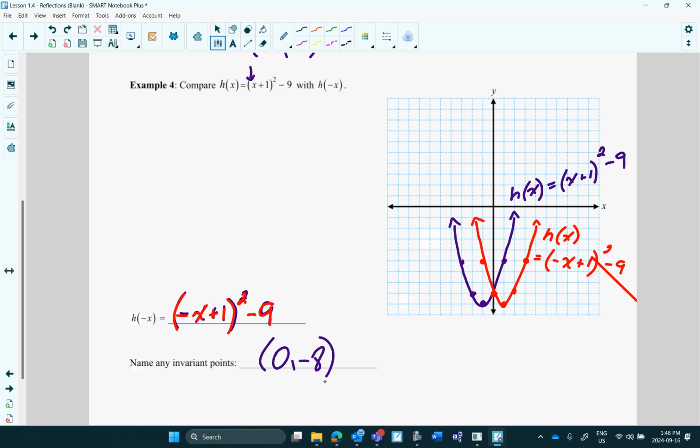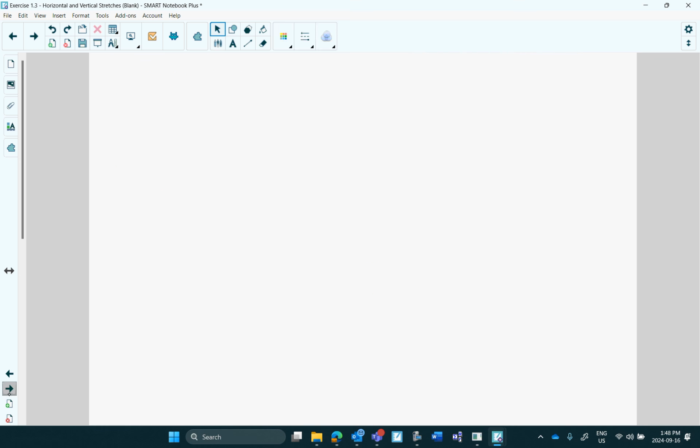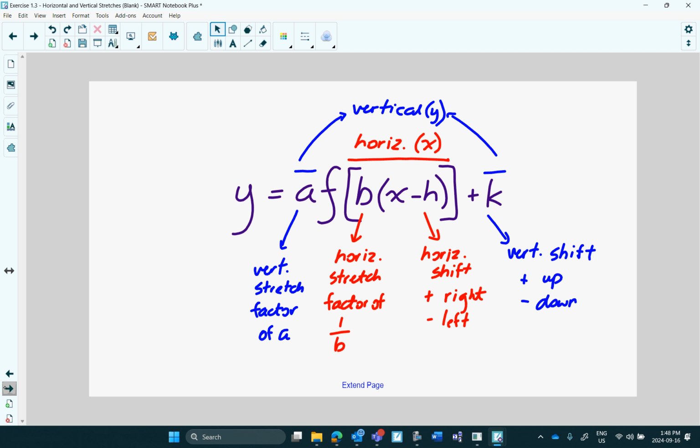So I'm going to talk about this again next class, but I'm just going to go back to this and add to it what we did today. If there's a negative here, remember it's outside, so it's vertical.